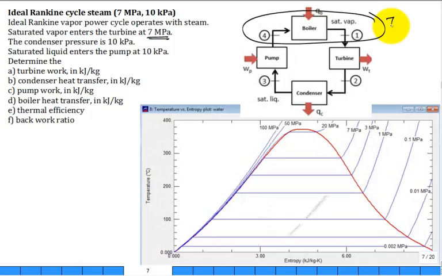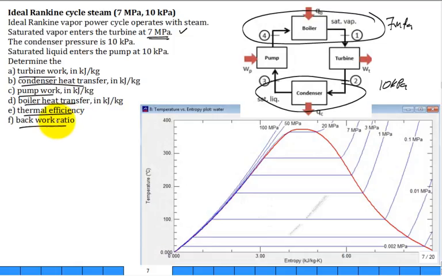That's the steam that comes into the turbine. The condenser pressure is 10 kilopascal. Determine the work of the turbine, the condenser heat transfer, the pump work, the boiler heat transfer, the thermal efficiency of the cycle, and the back work ratio.